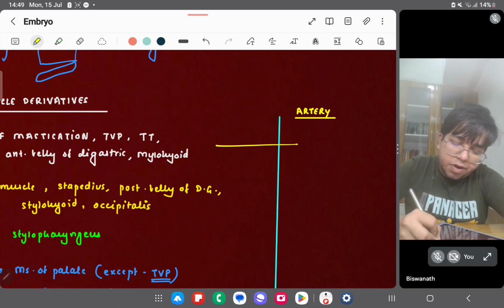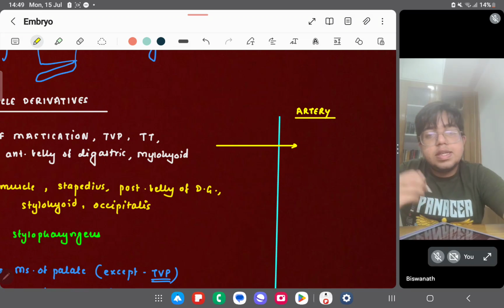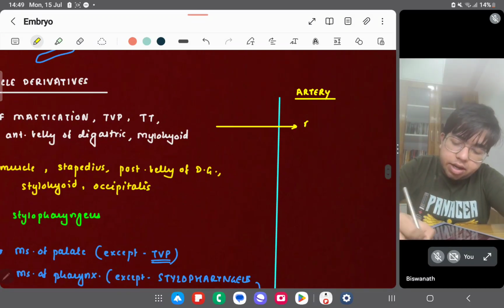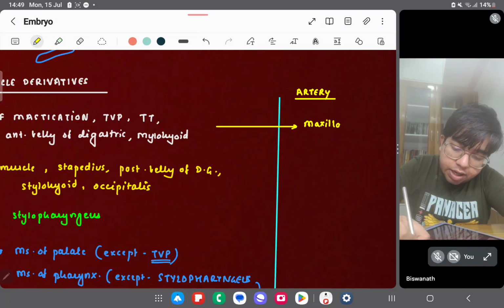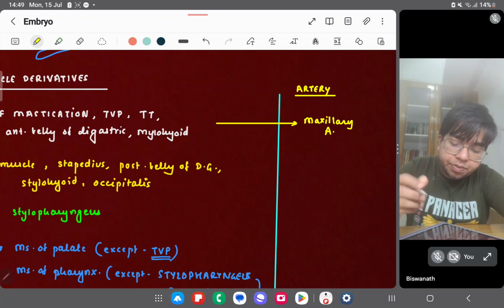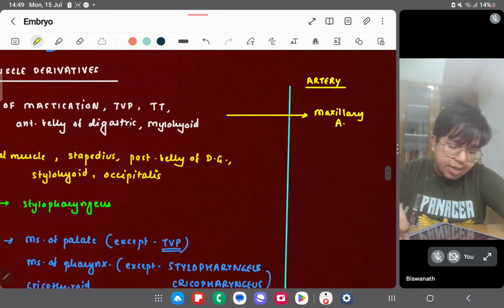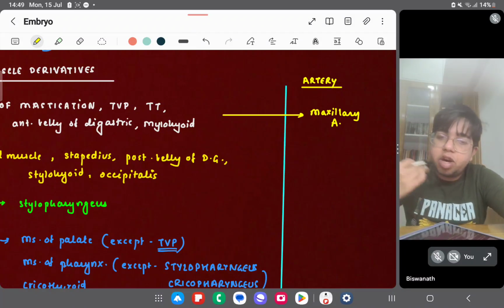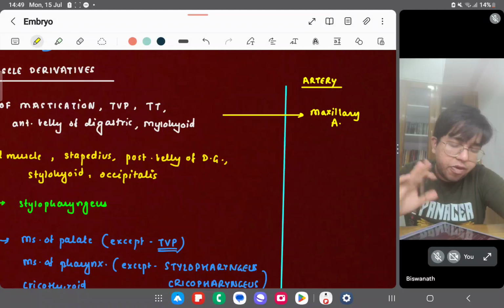So what do you think? First arch. Is it related to mandible, maxilla, and all other things, right? So we have our maxillary artery here. Maxillary artery, right? Then second arch. Second arch, basically we have the stapes, and the hyoid bone specifically was being formed by the second arch.